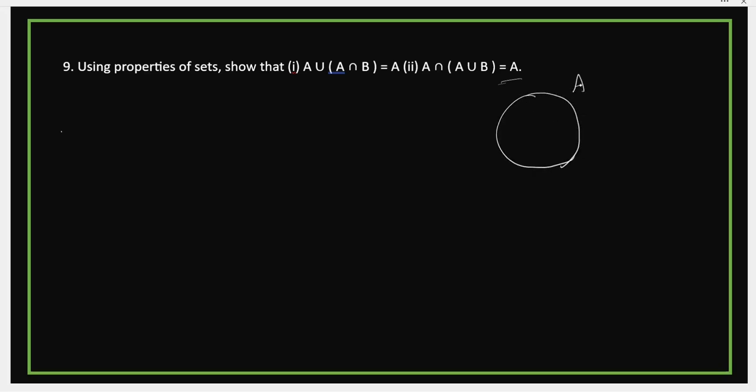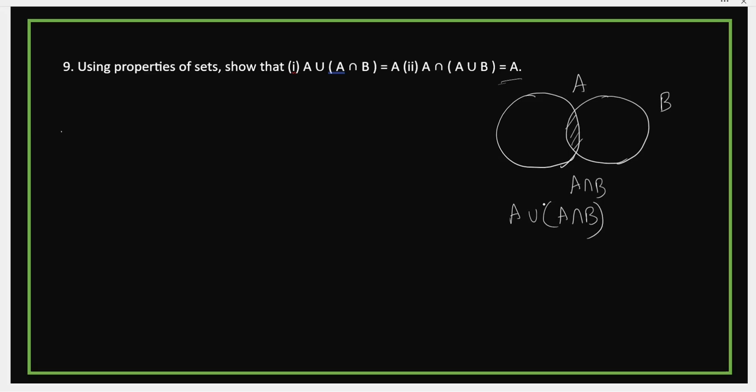I will make my two circles A and B. This is B. What is A intersection B? This is A intersection B. And what is A union (A intersection B)?